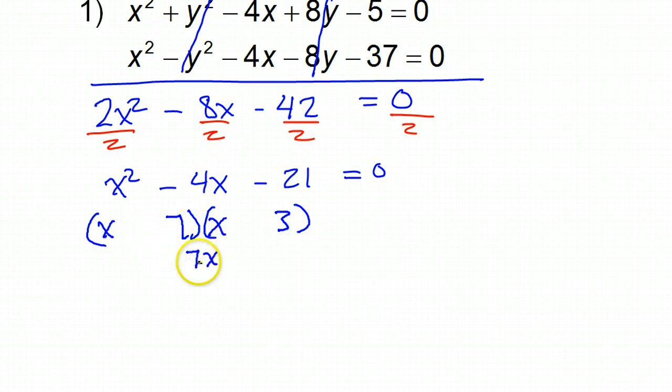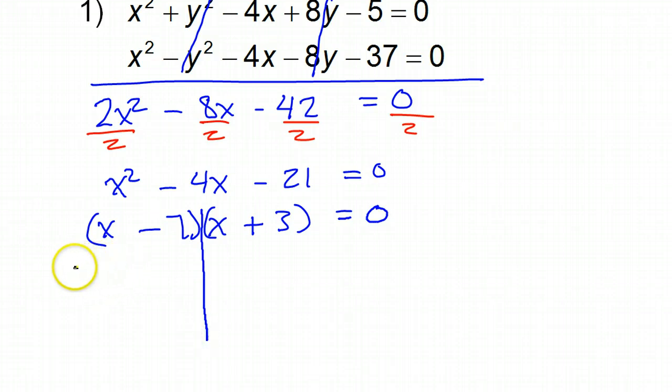Now inner we have 7x, outer we have 3x. To get a negative 4, we need a negative 7 and a positive 3. So there's your negative 7, there's your positive 3. Also, a negative 7 times a positive 3 does give you a negative 21, so it checks out. Of course, to get the actual values, we have to set these equal to 0, like so.